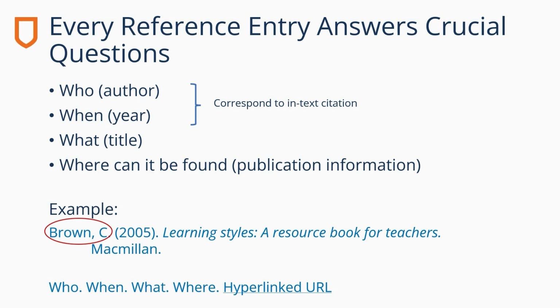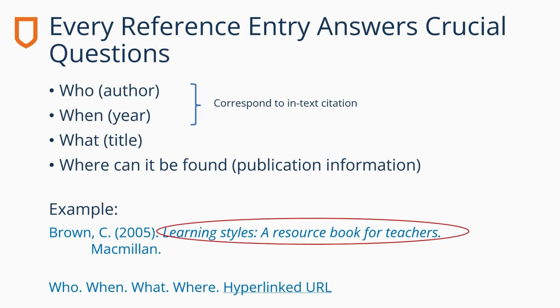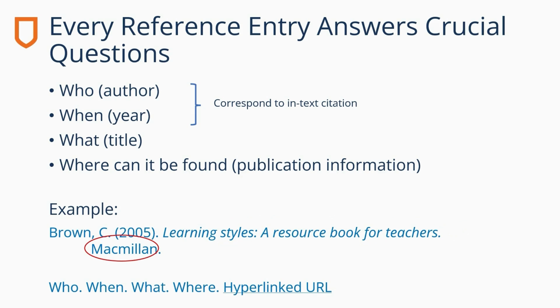Then we also have the year, when, the title, what, and the publisher, where. Notice that in a reference, each item of who, when, what, and where is separated by a period. And note that sometimes where is separated into multiple items. For example, the hyperlinked URL follows a period after the rest of the where.